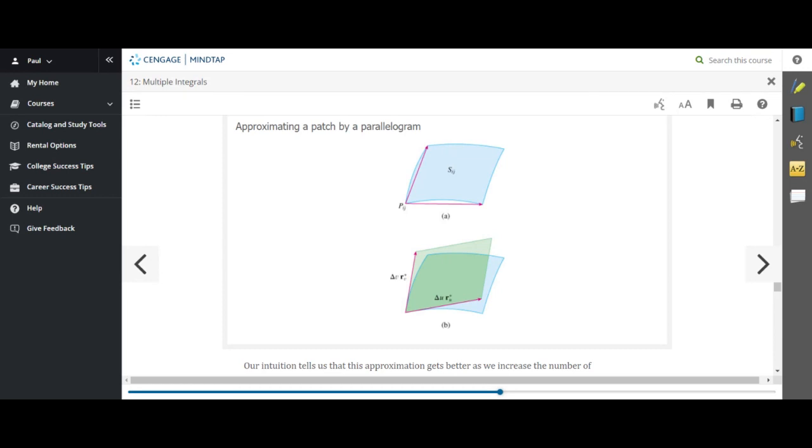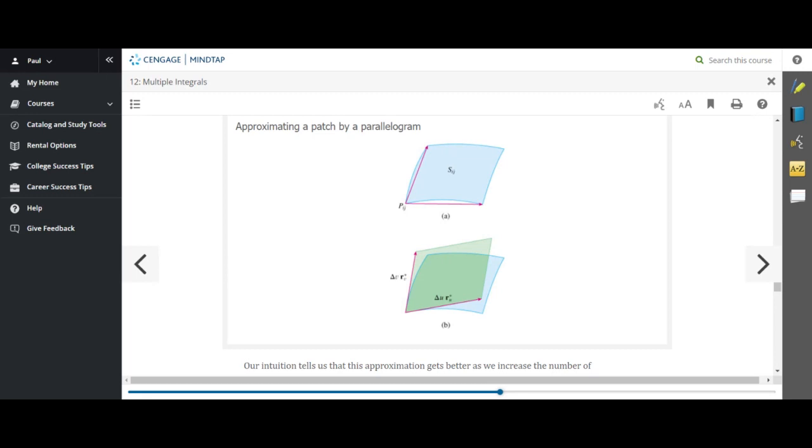Okay, so again, you're finding the surface area of a patch with the area of a parallelogram, but you have to make the tangent vectors short so that the area of the parallelogram nicely approximates the surface area of the patch there. When you're focused on a very small patch, all patches will look flat, right?